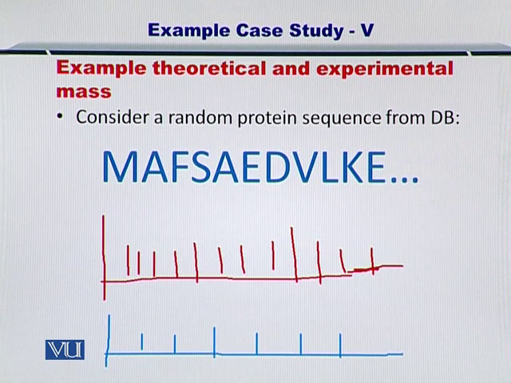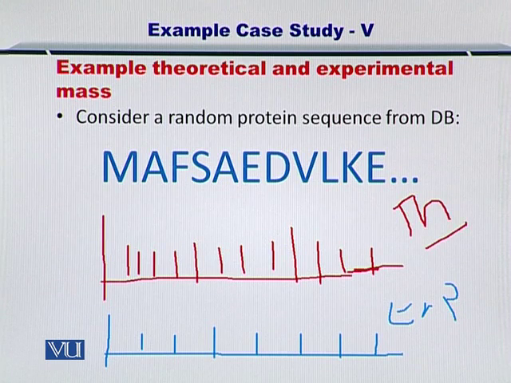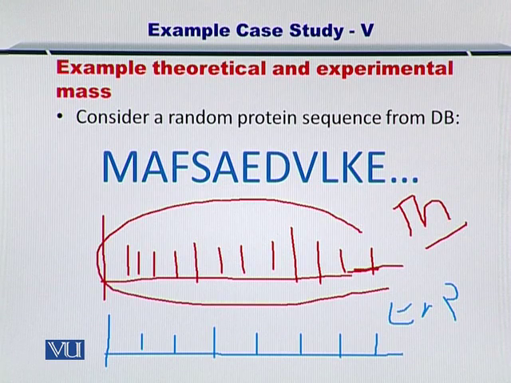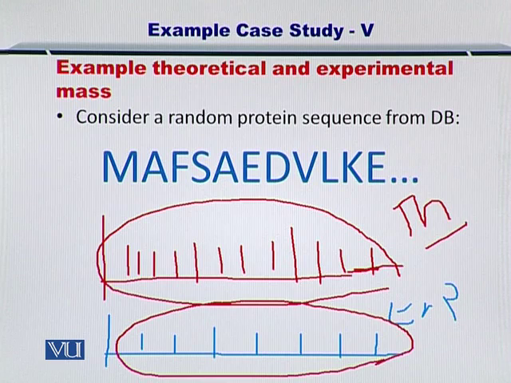You would know that the experimental data would be smaller in number as compared to the theoretical peaks. So this is your experimental data and this is your theoretical data. The number of peaks in the theoretical data will be larger than the number of peaks in the experimental data, because in the experiments several sites within the protein or peptide backbone will not be fragmented.